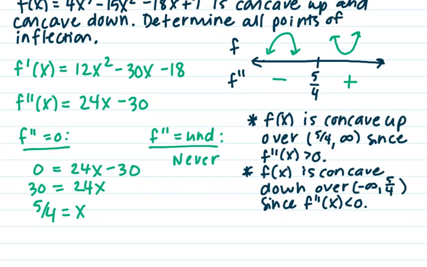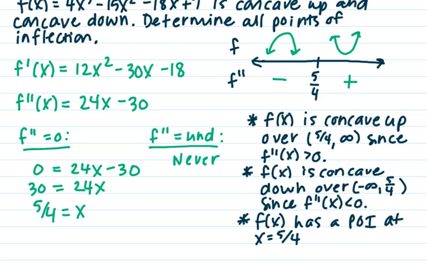And lastly, as far as points of inflection, we only had one possibility, right? This is a possible point of inflection. Then when we look at the sign chart and we verify that it changes signs, we can state that it is a point of inflection. So f of x has a point of inflection at x equals 5/4.